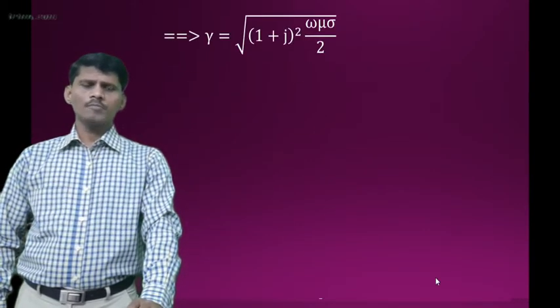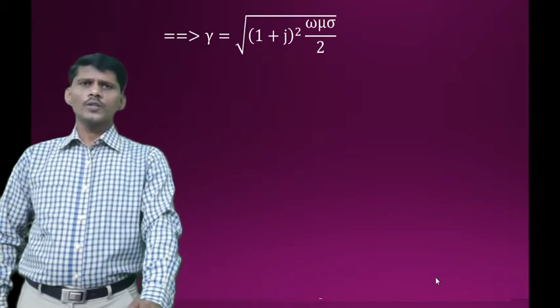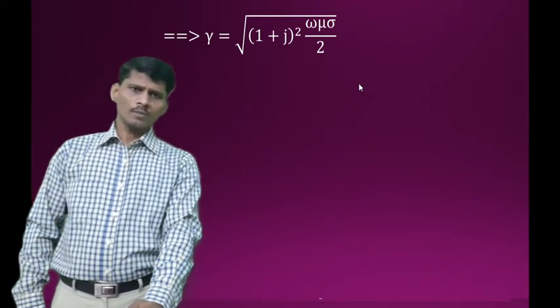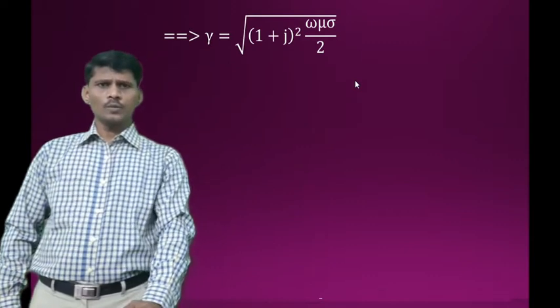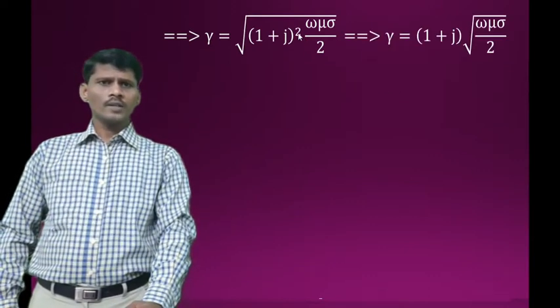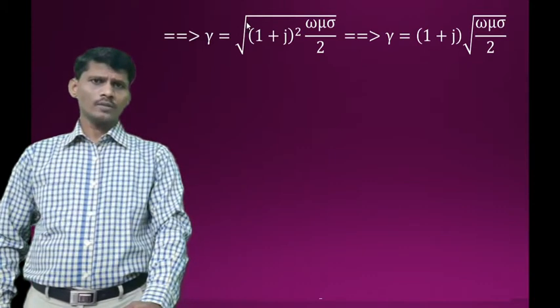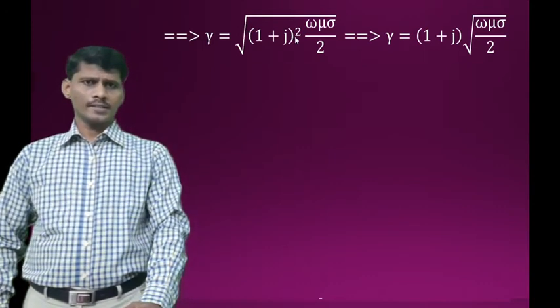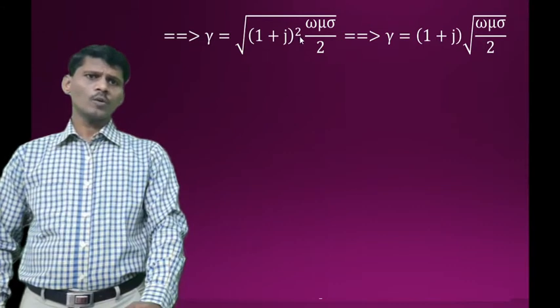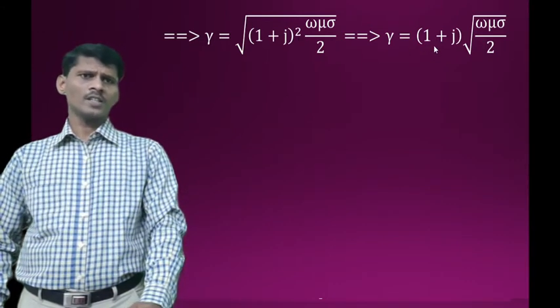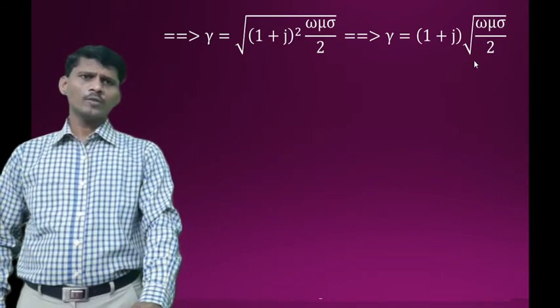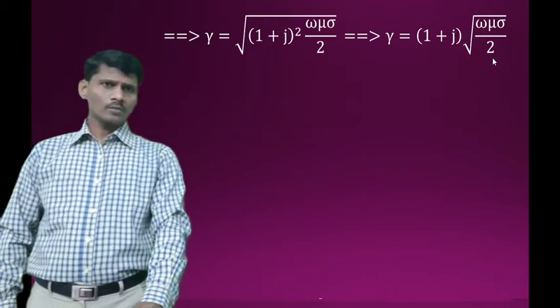So gamma is equal to square root of (1 plus j) square into omega mu sigma by 2. Now the square and square root cancel. What is the remaining term? 1 plus j into square root of omega mu sigma by 2.